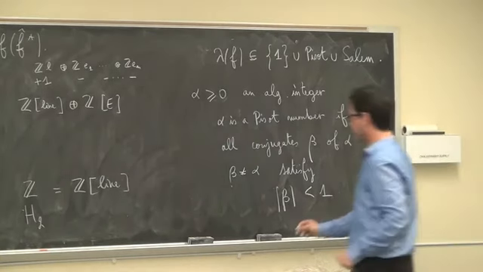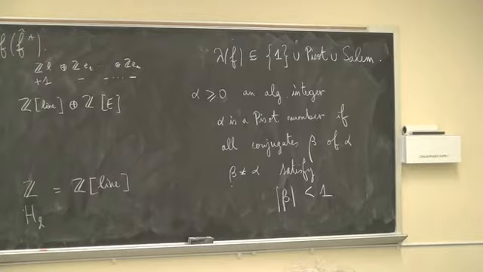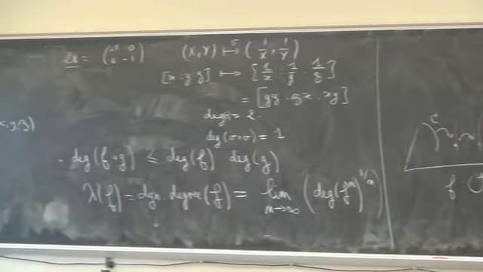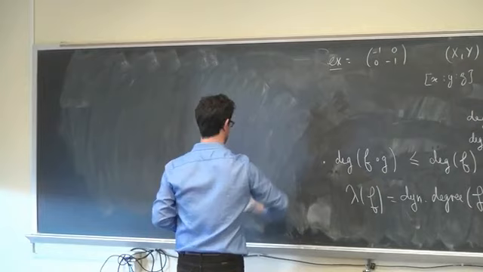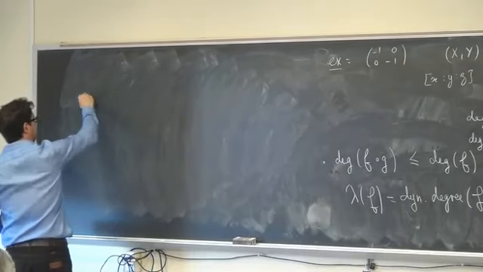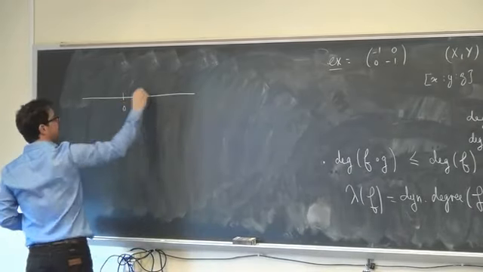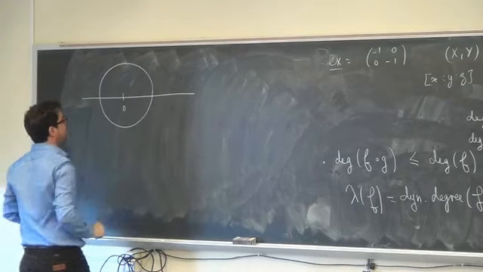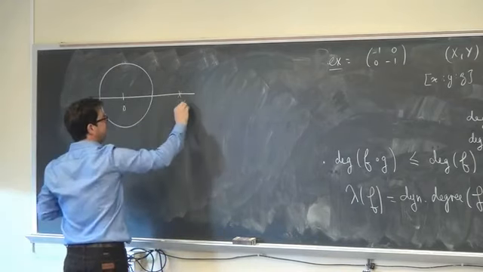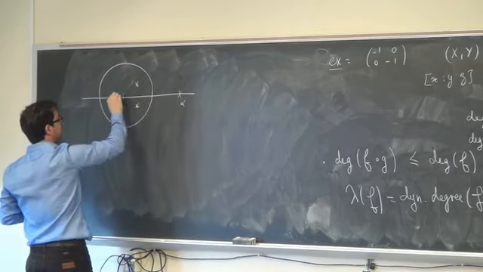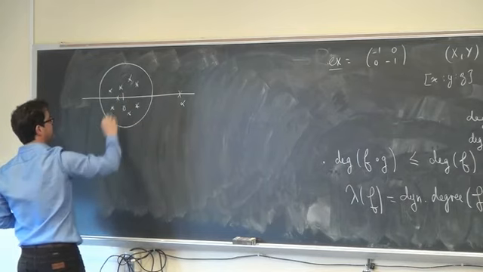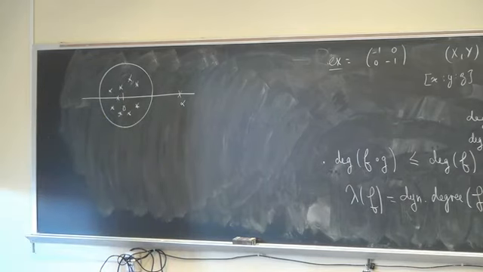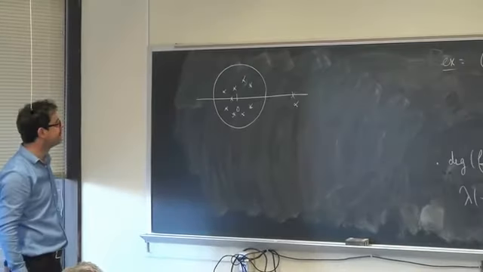Okay? So the picture is, I will draw the picture of it. So you have 0, you have the unit circle, alpha here, and all Galois conjugates around here. Okay? That's a Pisot number.